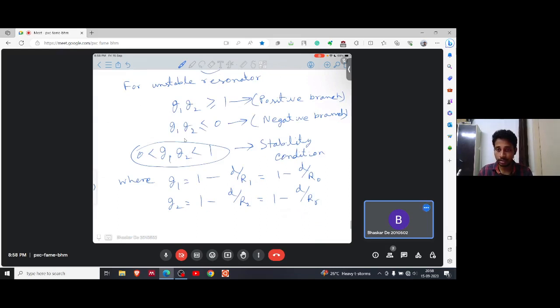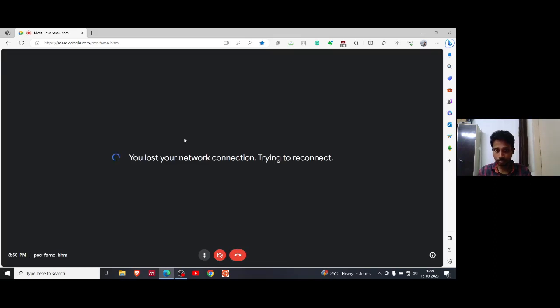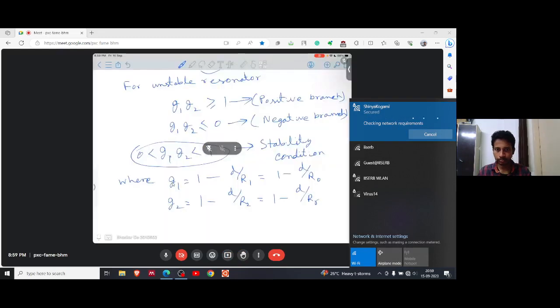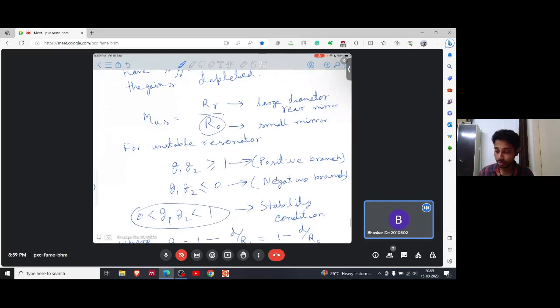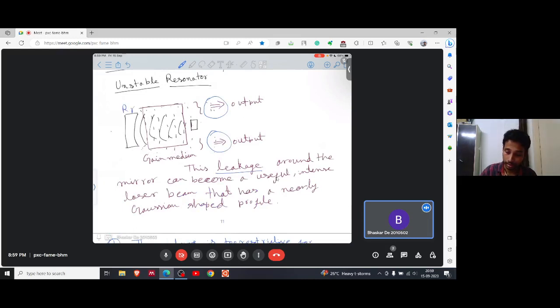We already know that the stability condition for a resonator was 0 less than G1 G2 less than 1, where G1 equals 1 minus d by r1, which is 1 minus d by r0, and G2 equals 1 minus d by r2, which is 1 minus d by rr. Here rr is the radius of curvature for the large diameter rear mirror, and r0 is the radius of curvature for the small mirror.